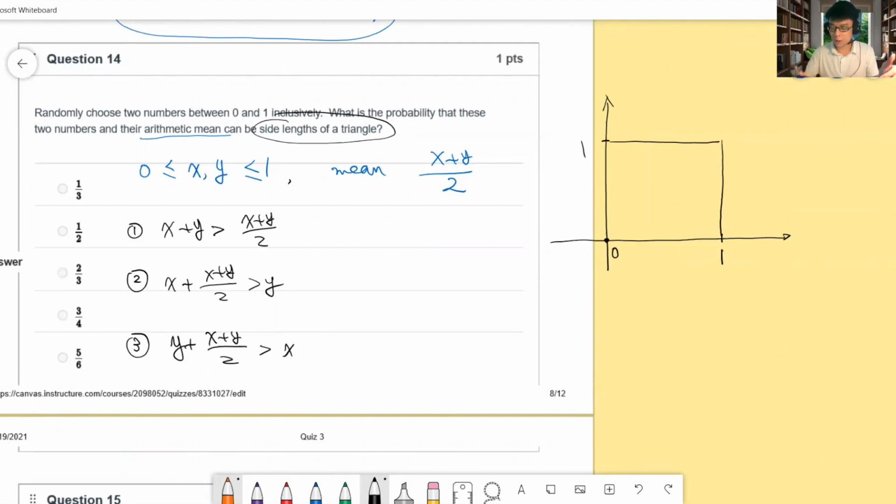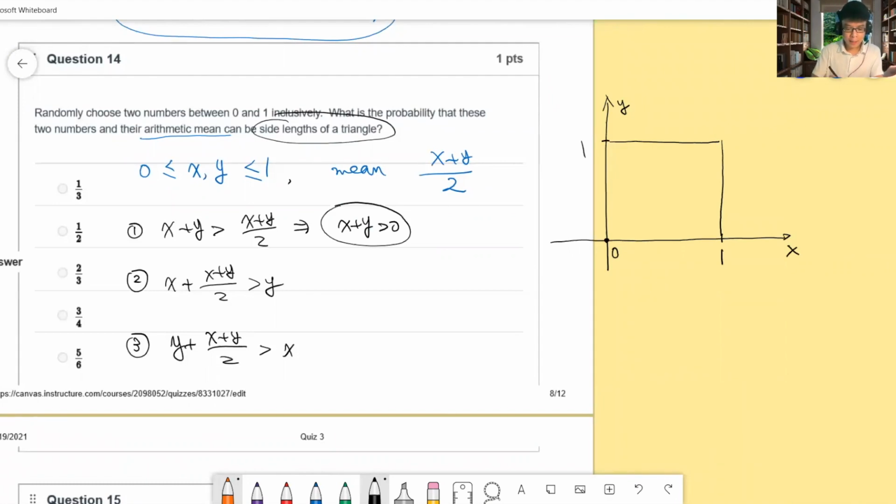So any point in this unit square could be (x, y). That corresponds to a sample space, all possible (x, y). And next, we consider these three requirements. The first one is x plus y is positive. So we just need at least one number to be positive, which excludes the case x, y both 0.